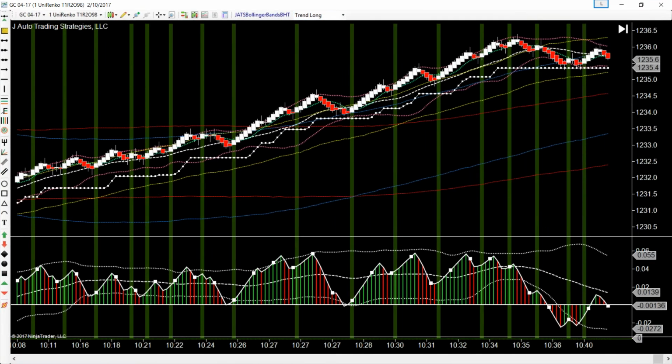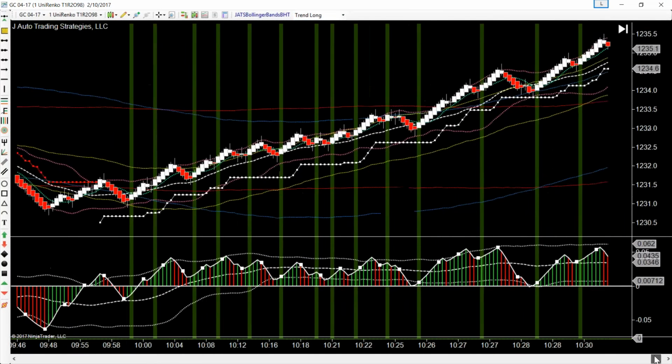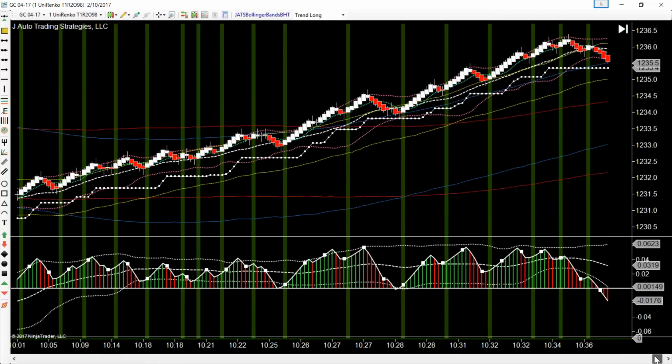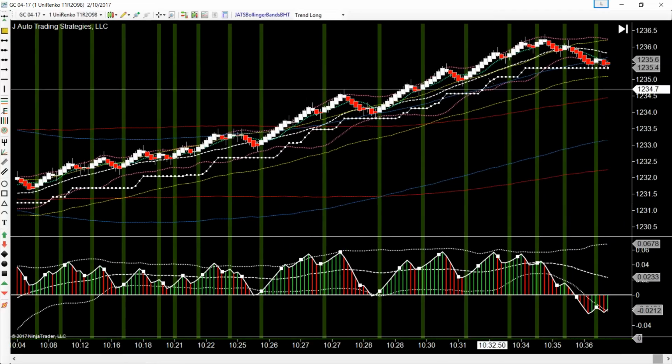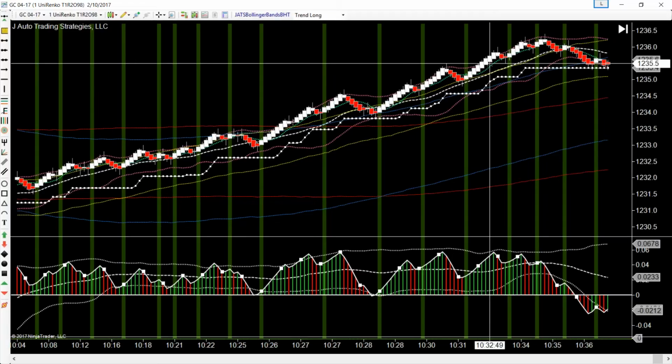Set it to trend longs and just, you know, take them after the pullbacks. Pretty easy.